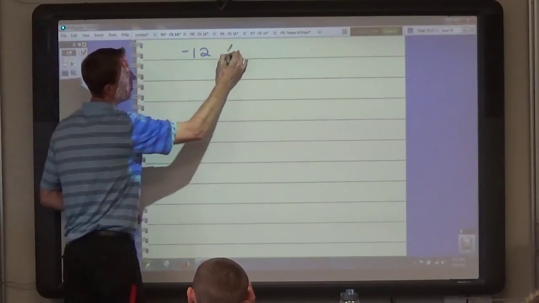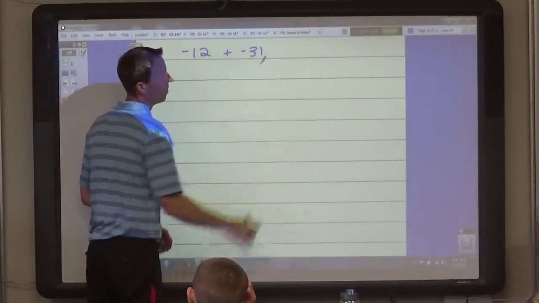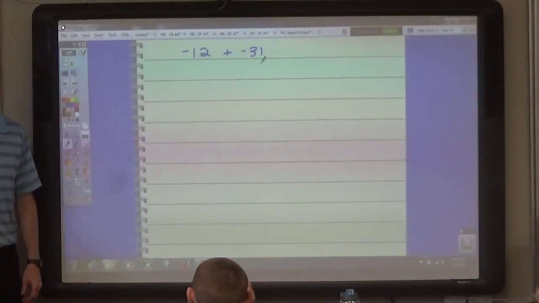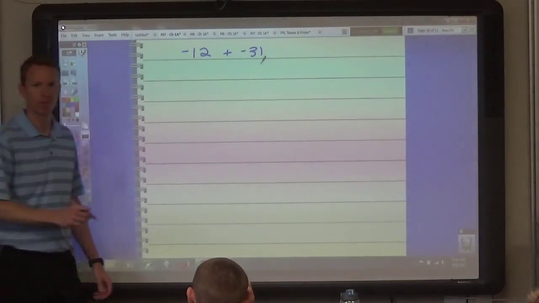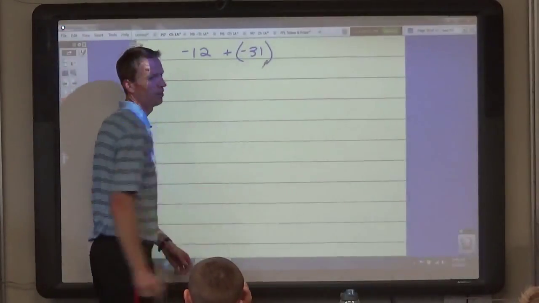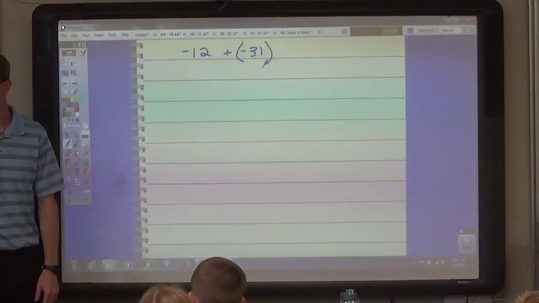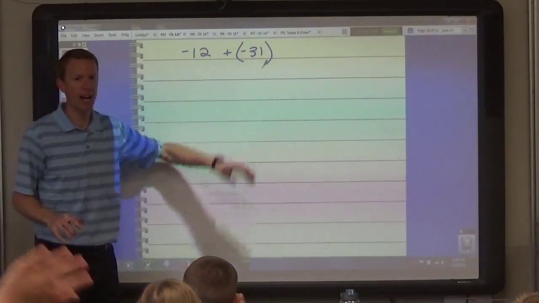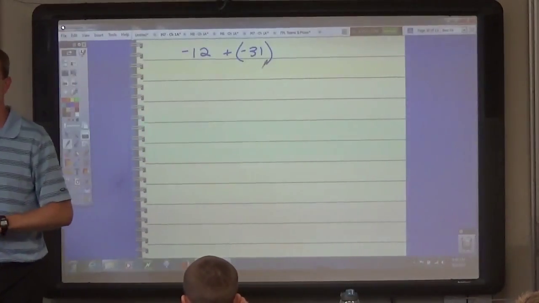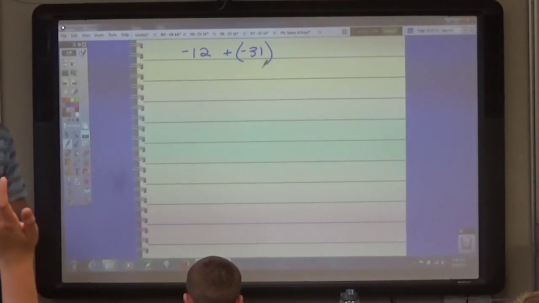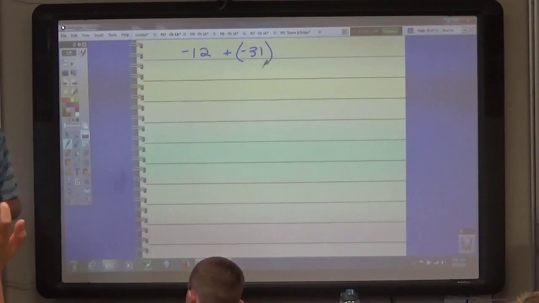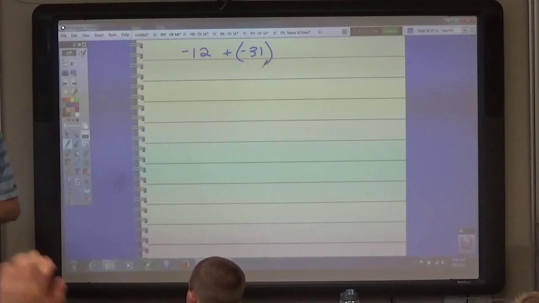Negative 12 plus negative 31. What will we do in this situation? Would we find a difference, or would we add them and combine them together? Kennedy.